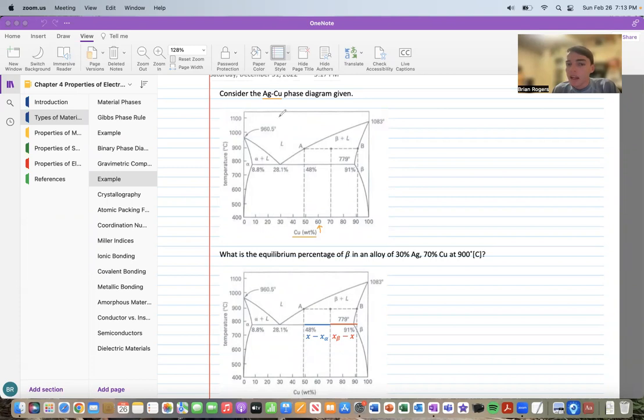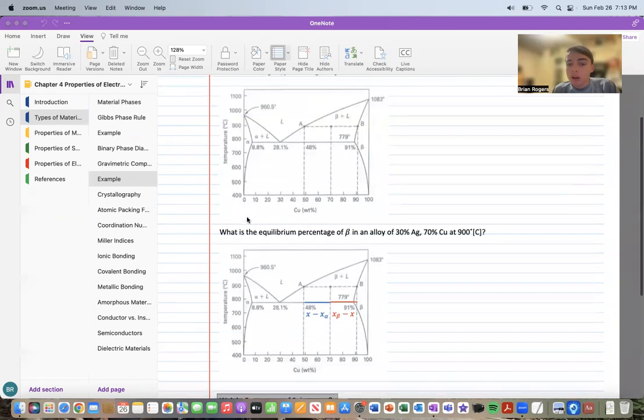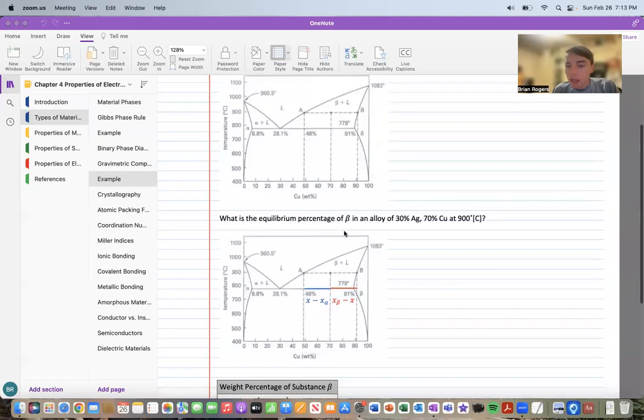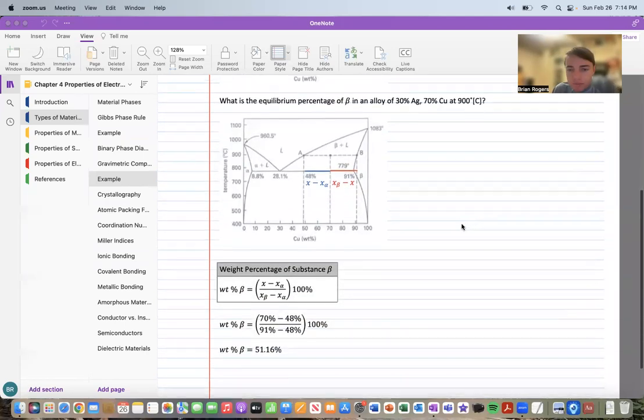We're going to look at what is the equilibrium percentage of beta in an alloy of 30% of our minority element and 70% copper, which is the majority element or the host ingredient, at 900 degrees Celsius.